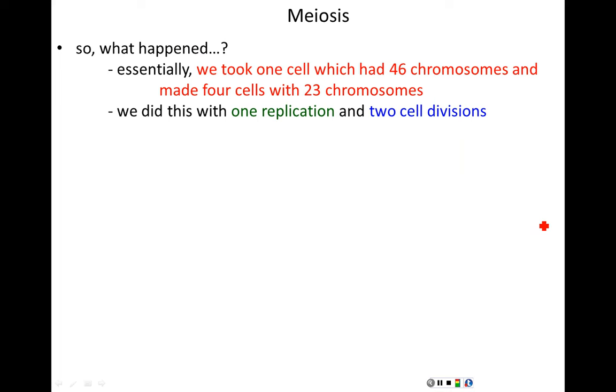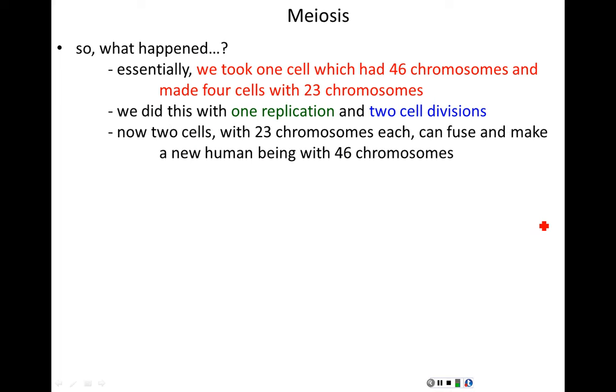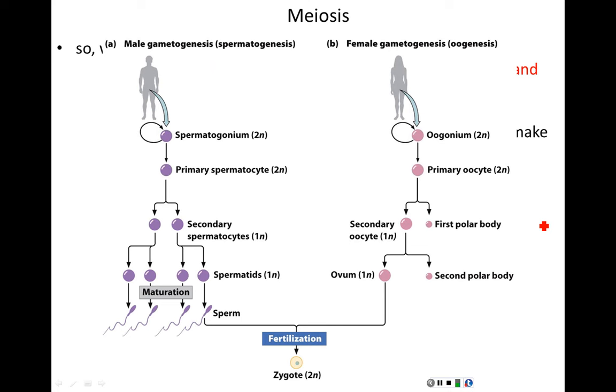We were able to do this with 1 replication of our DNA and 2 rounds of cell division. Now these cells with 23 chromosomes each can go off and fuse with another gamete with 23 chromosomes, making a new human being reconstituted with 46 chromosomes total.